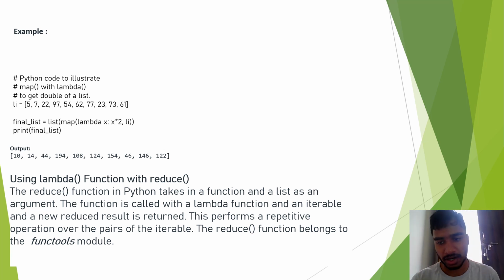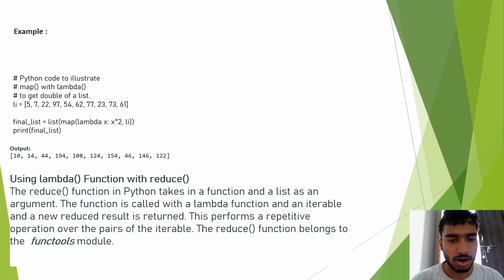Now the third built-in function used with lambda is reduce. The reduce function in Python takes in a function and a list as arguments. The function is called with a lambda function and an iterable, and a new reduced result is returned.